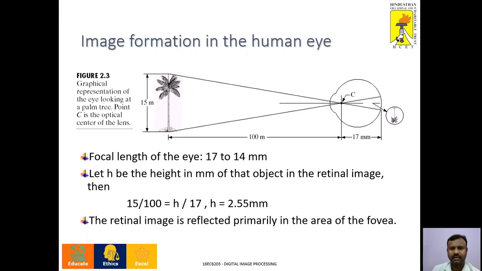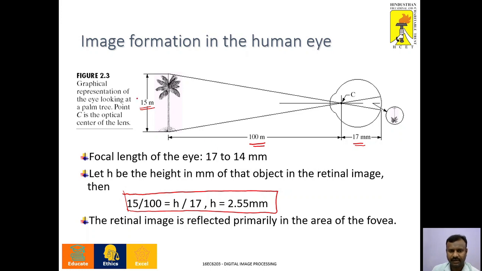Actually, the distance between the center of the lens and the fovea is around 1.7 centimeters or 17 mm. If we look at a tree with a height of 15 meters at a distance of 100 meters, then an image is formed in the fovea, and the size of that image can be measured by this formula.